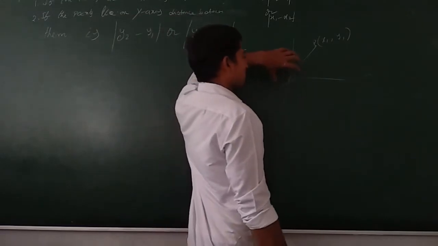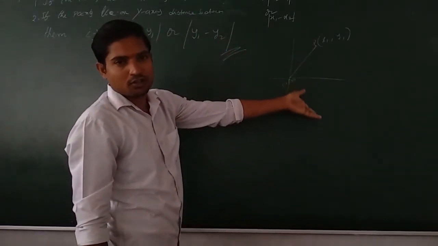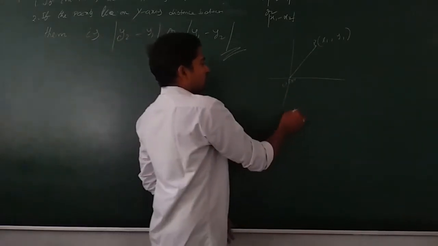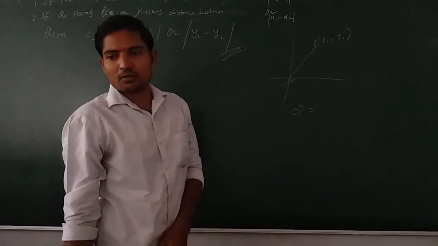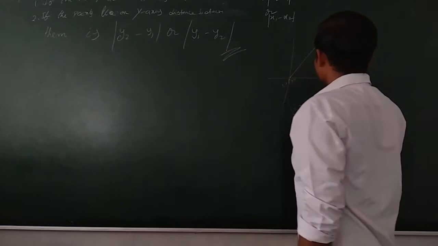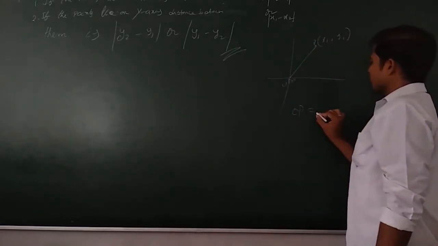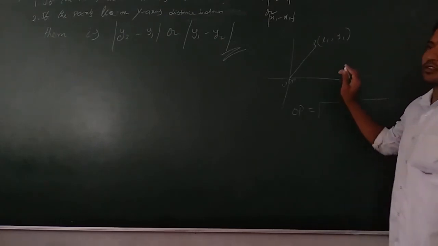That means the distance between the origin and the given point. OP is equal to square root of (x2 minus x1) whole square plus (y2 minus y1) whole square.